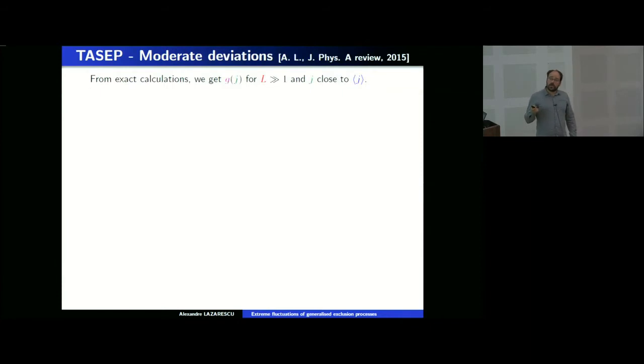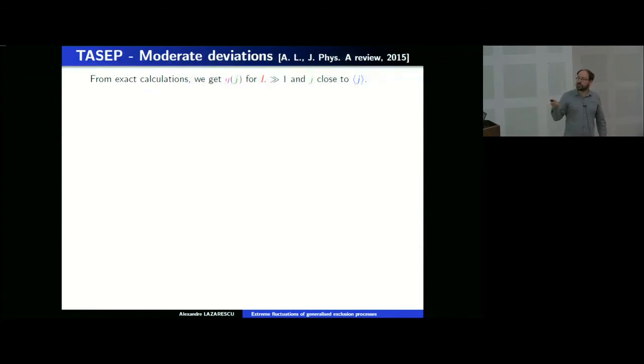So very quickly, a few not so recent results about large deviations in the standard exclusion process. From exact calculations, for a large system size, the current close to its average, so this is moderate deviations in the sense that it's not at the Gaussian scale, but it's not for a finite deviation of the current either.